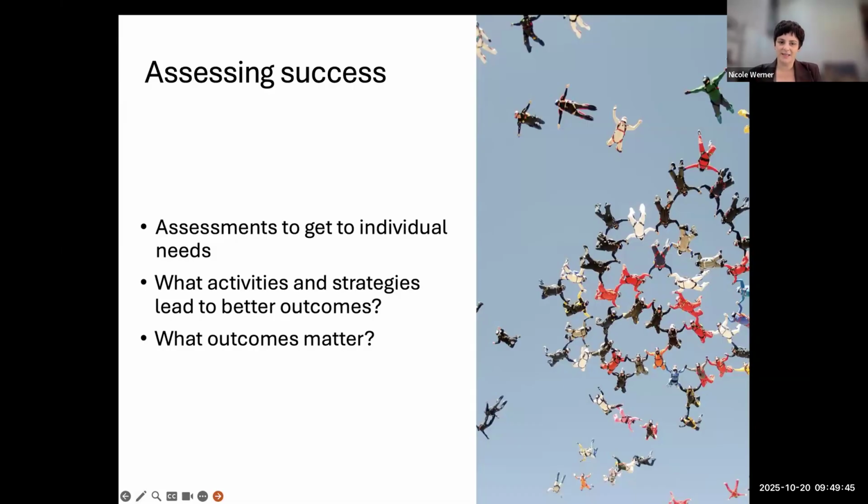I'm really interested in what activities and co-design strategies lead to better outcomes, both for the people in the co-design process and for the product of the co-design, and what outcomes matter most to those who are part of the co-design process, both the research team and the other partners. I'm really trying to tease out what those outcomes are so that we can measure them and see that we're actually improving them.